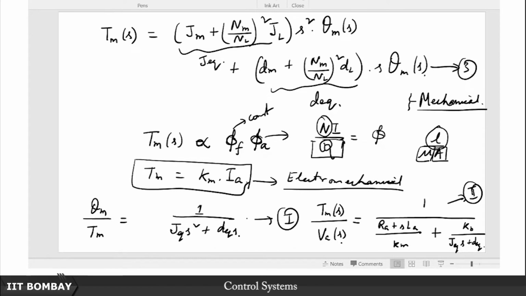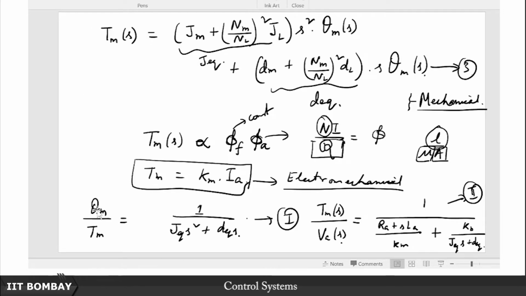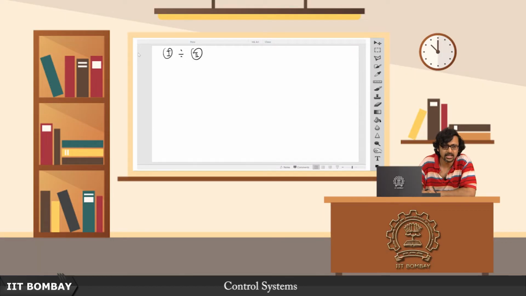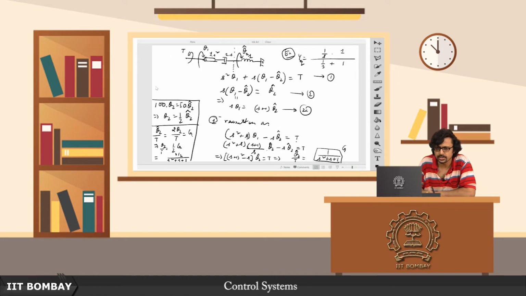Now observe that 1 multiplied by 2, I should say, gives me what on the left hand side? You see, this is theta m by Tm, this is Tm by Va, and remember what my goal was, right? Remember what the goal was?